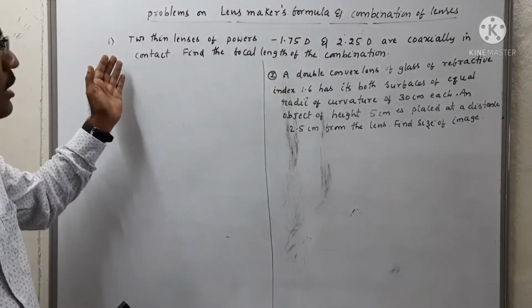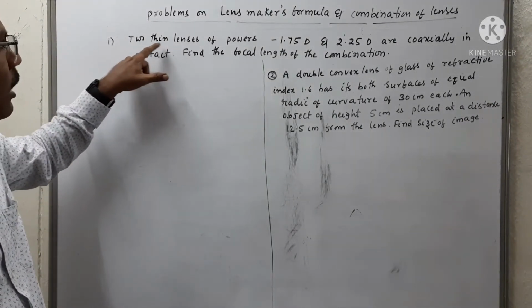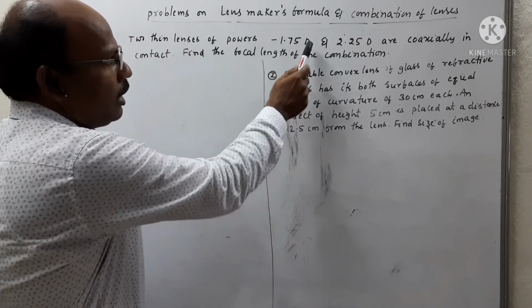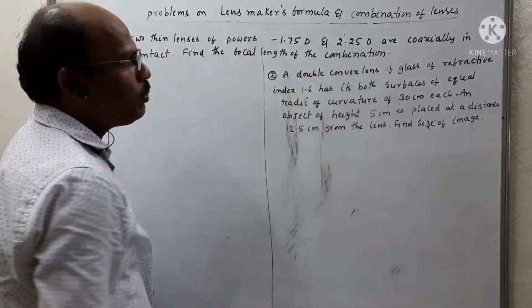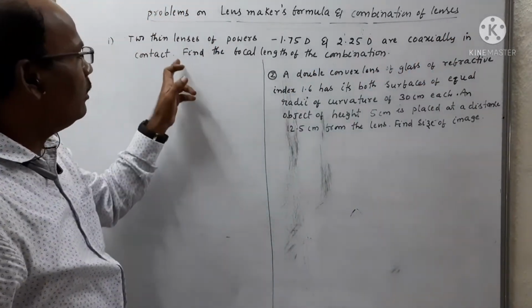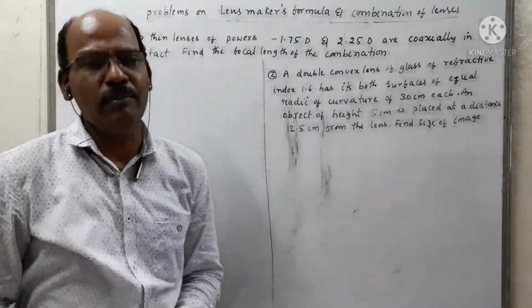The first problem is as follows. Two thin lenses of powers minus 1.75 diopters and 2.25 diopters are coaxially in contact. Find the focal length of the combination.